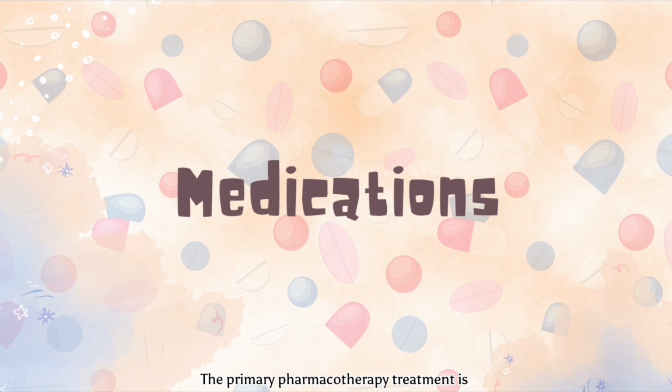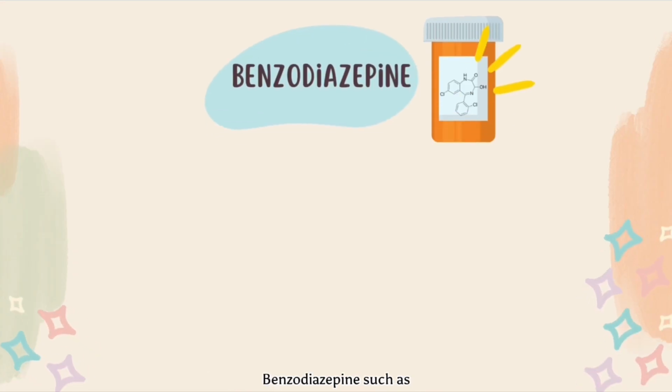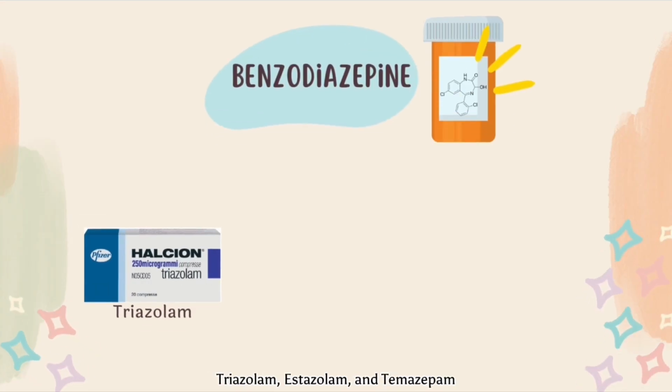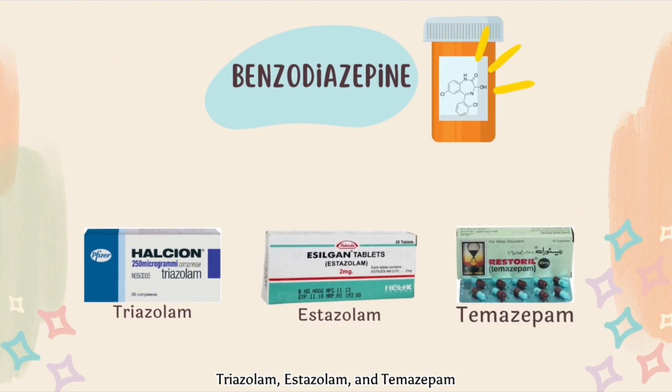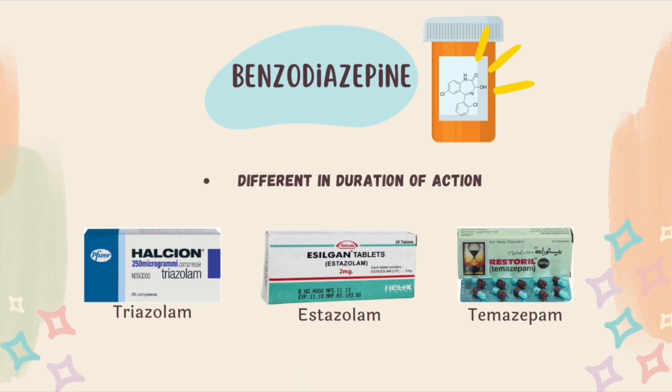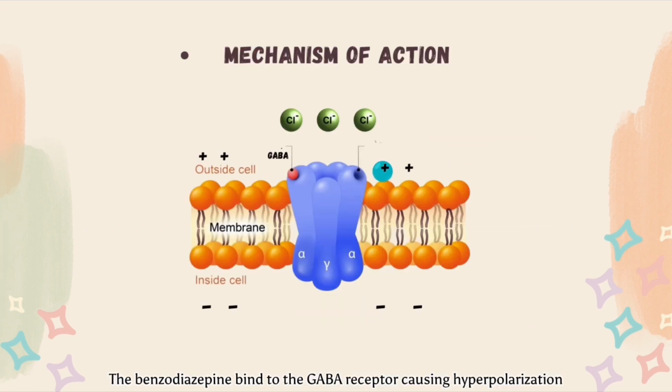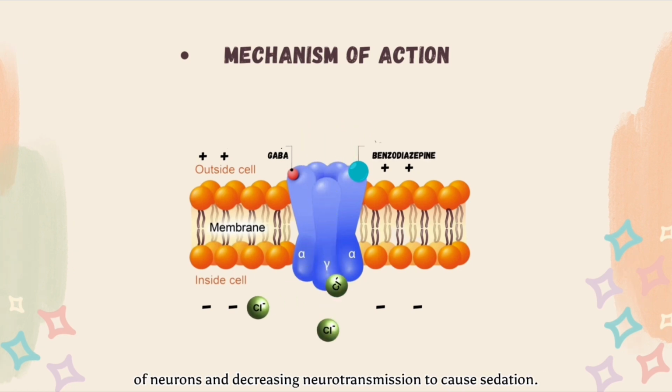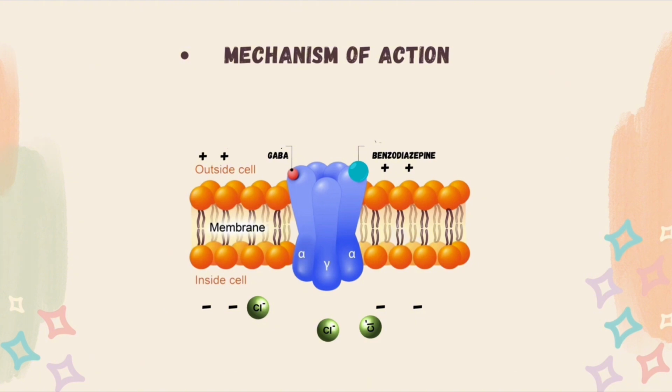The primary pharmacotherapy treatment is benzodiazepines such as triazolam, estazolam, and temazepam, where the primary difference between them is just their duration of action. The benzodiazepine binds to the GABA receptor, causing hyperpolarization of neurons and decreasing the neurotransmission to cause sedation.